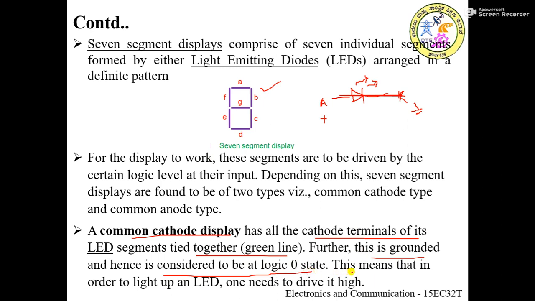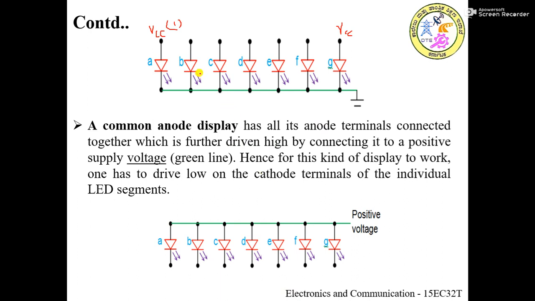This means in order to light up an LED we need to drive it high. To light up a particular LED, the anode terminal of that LED has to be connected to VCC, which means we have to program 1. So whenever we program them to 1, that particular LED will glow.